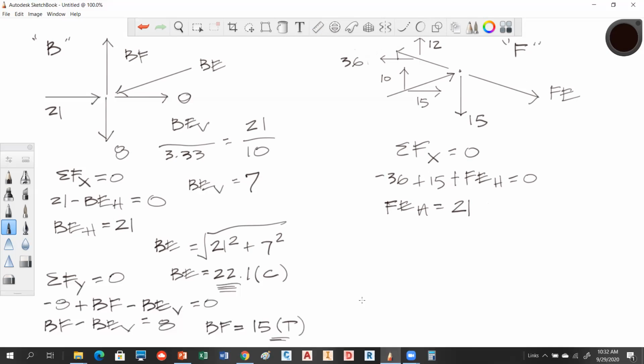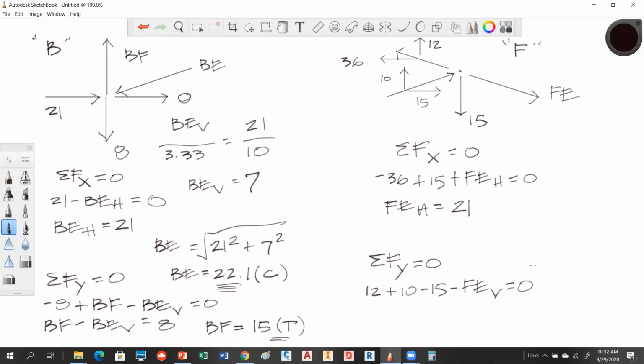Okay, so you can see anybody can make mistakes, but you just have to think about it sometimes when you're doing this stuff, okay? So in the Y, we have positive 12, positive 10, negative 15, minus, this one is minus, FEV has to equal 0.